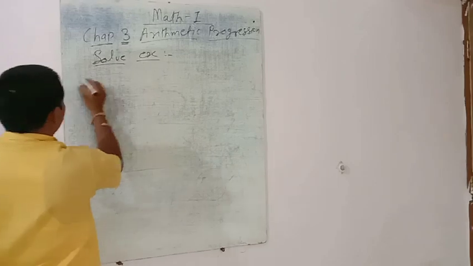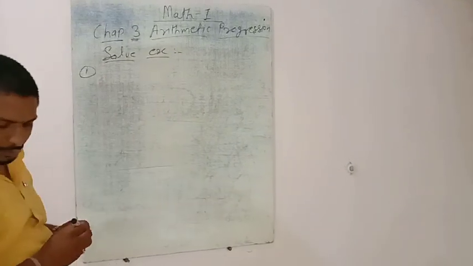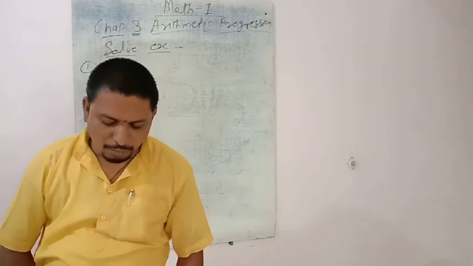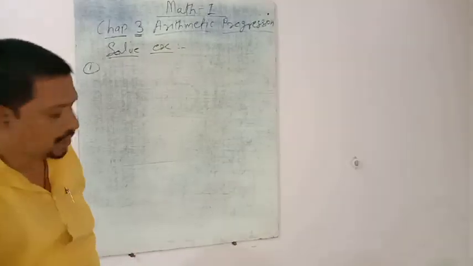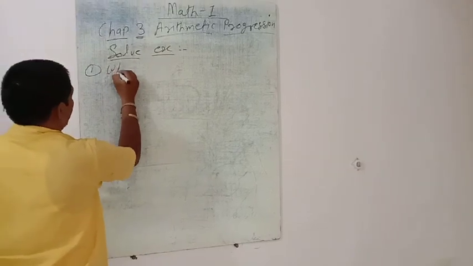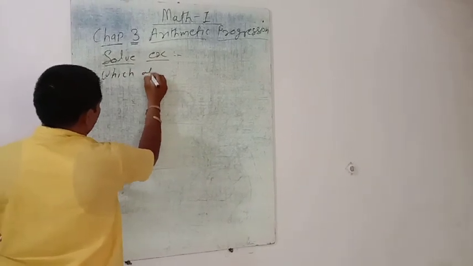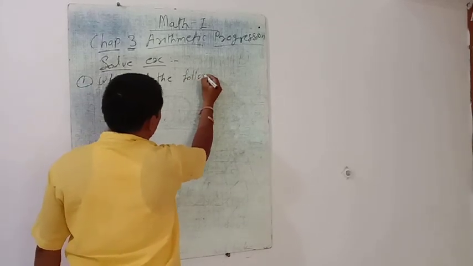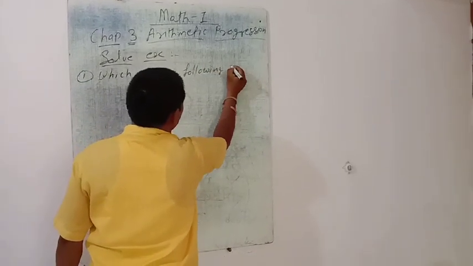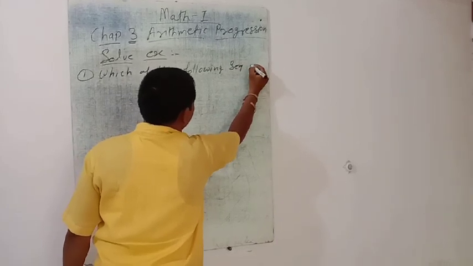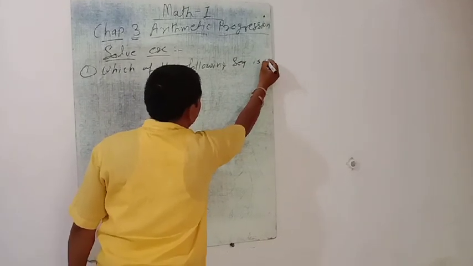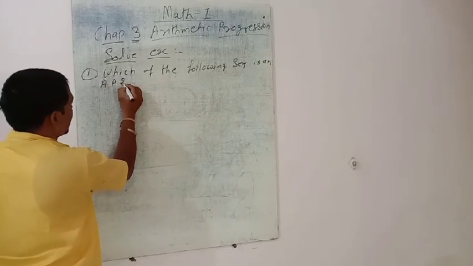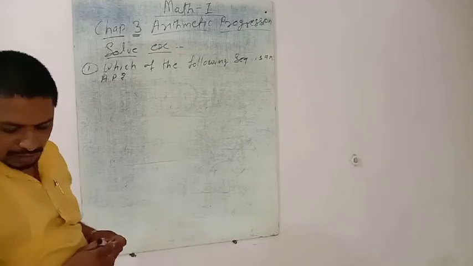Solve example. First question: which of the following sequences is an AP, meaning arithmetic progression?